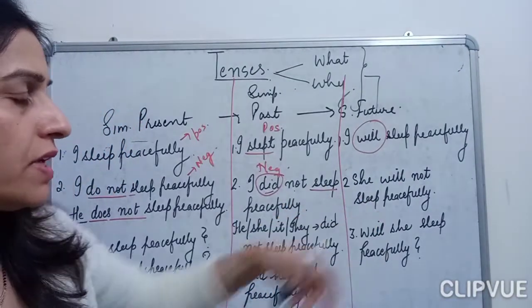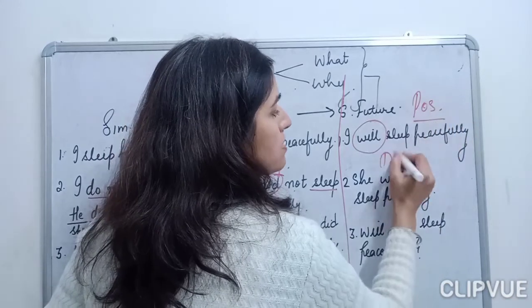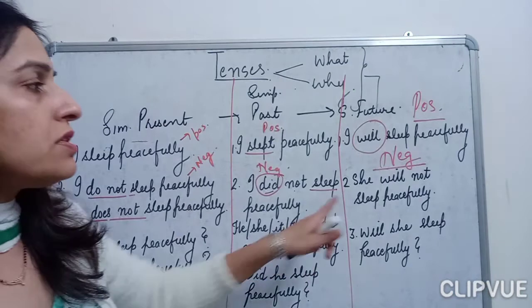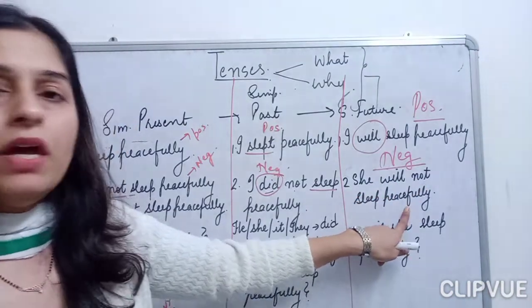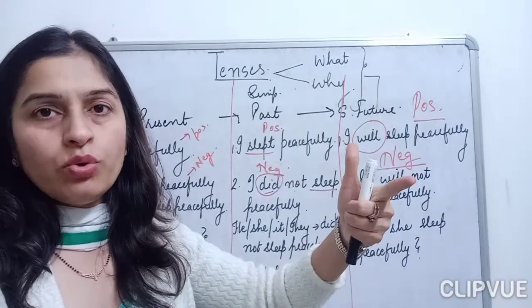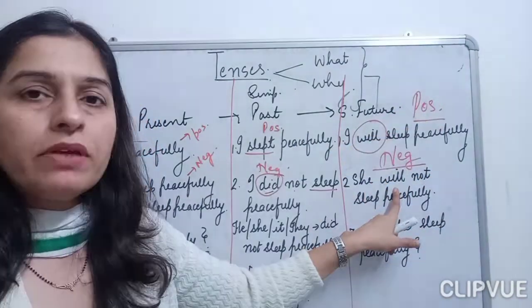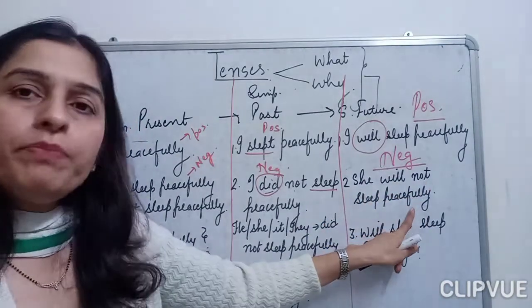Okay. In the negative sentence, children, this is my positive sentence. This is my negative sentence. She will not sleep peacefully. Now, no does, no do, no did in future. They have their helping verb, and that is she will not sleep peacefully.